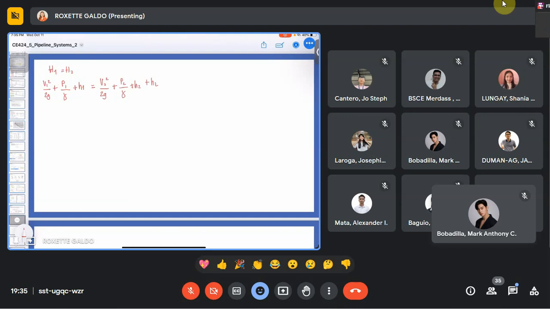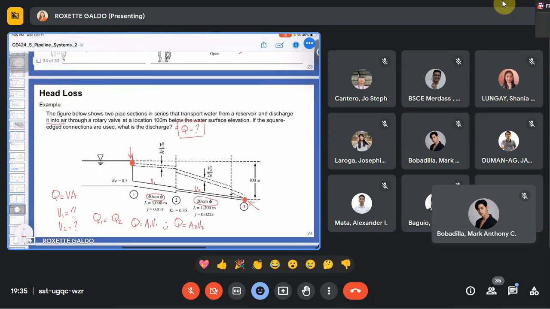Okay? Naagi na head loss. Okay? Kaya naaman siya yung mga contractions and expansion, and we have the valve, and also sa problem naapo yung mga coefficient of friction. So most likely there will be head loss. Okay, so let us examine.